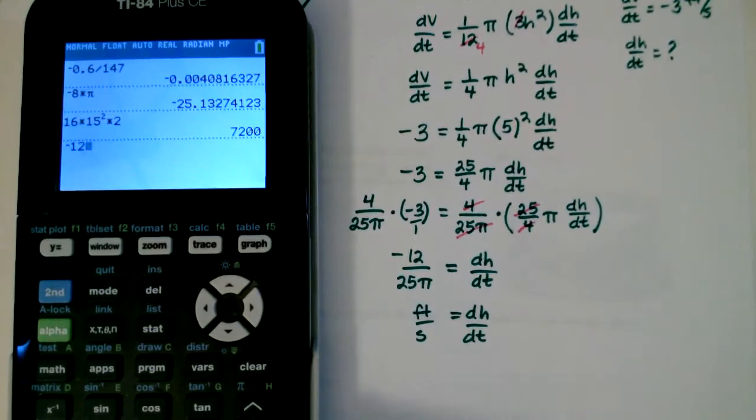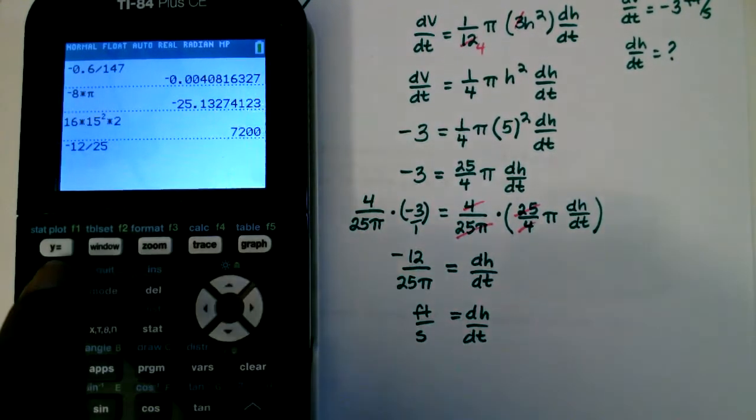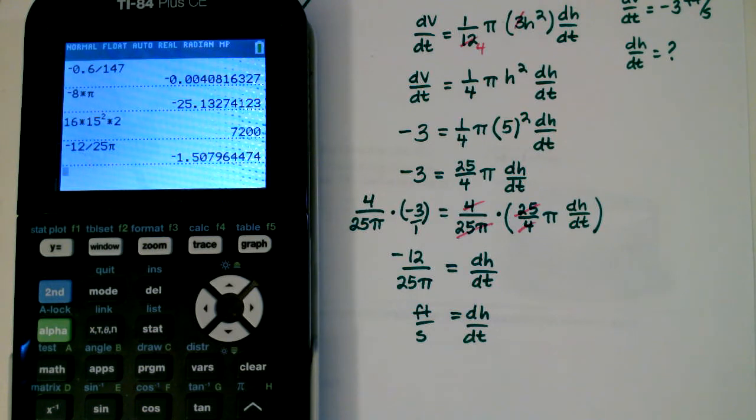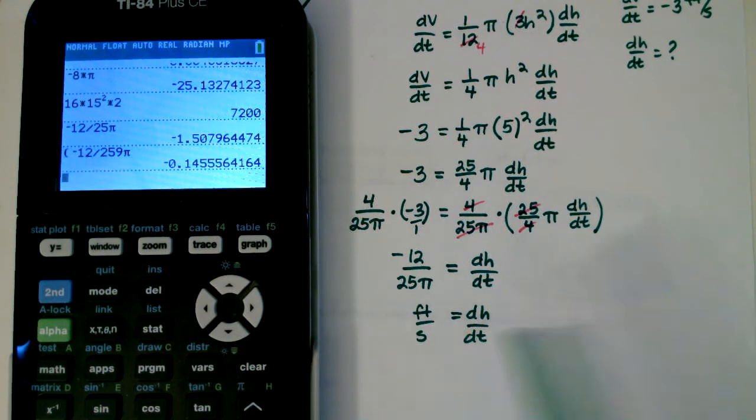Let's see, -12 divided by 25. Now I'm going to do second and half for the pi. I'm doing something wrong here because this does not look right. -12 divided by 25 pi. Okay.